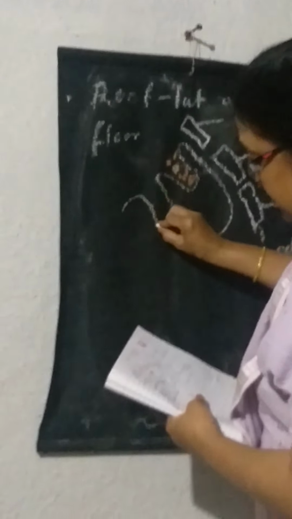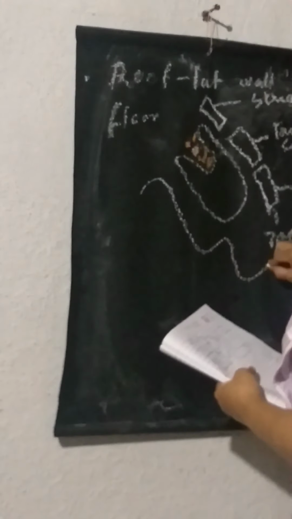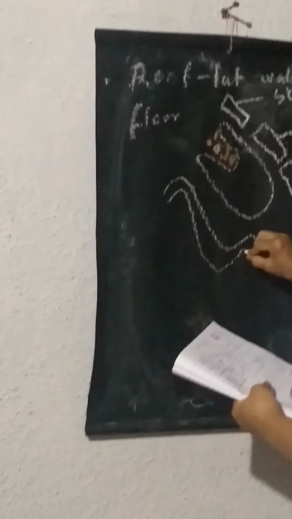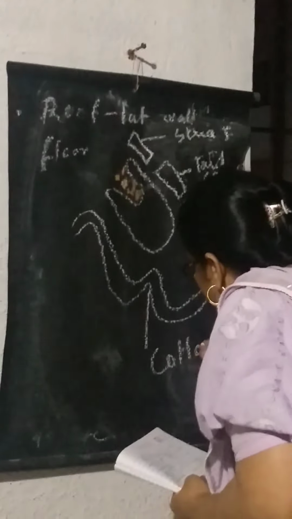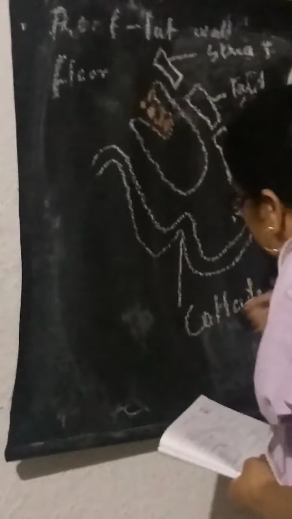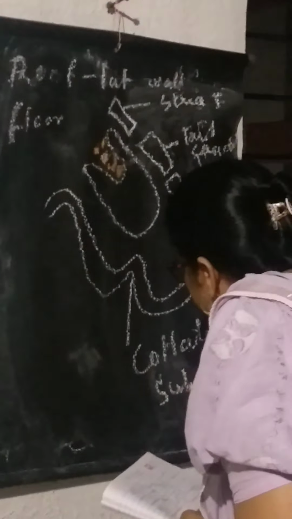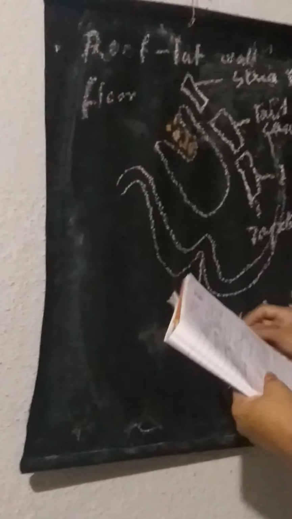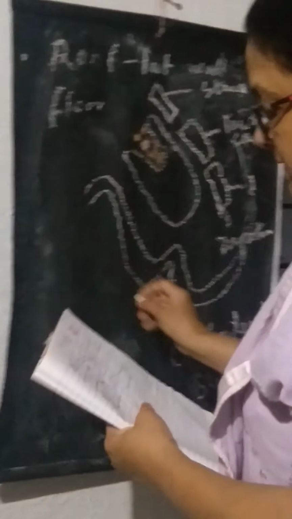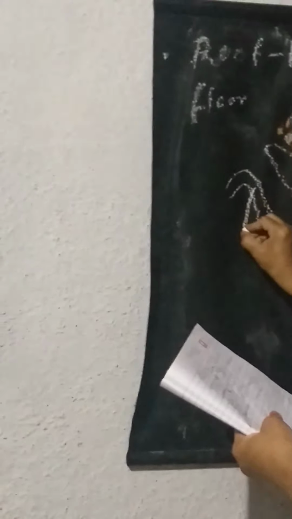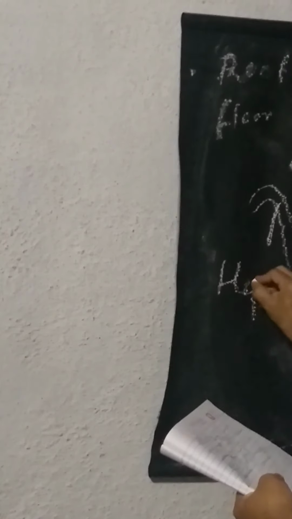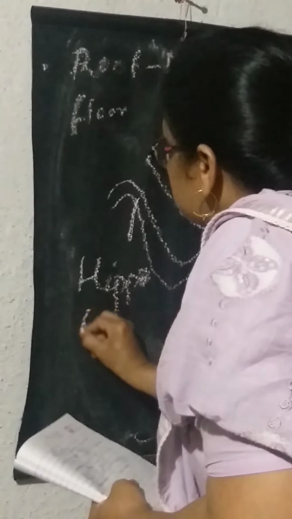So see, below down over here, there is the collateral sulcus. Got it? Like this. This portion is the collateral sulcus. This portion over here is the hippocampus.